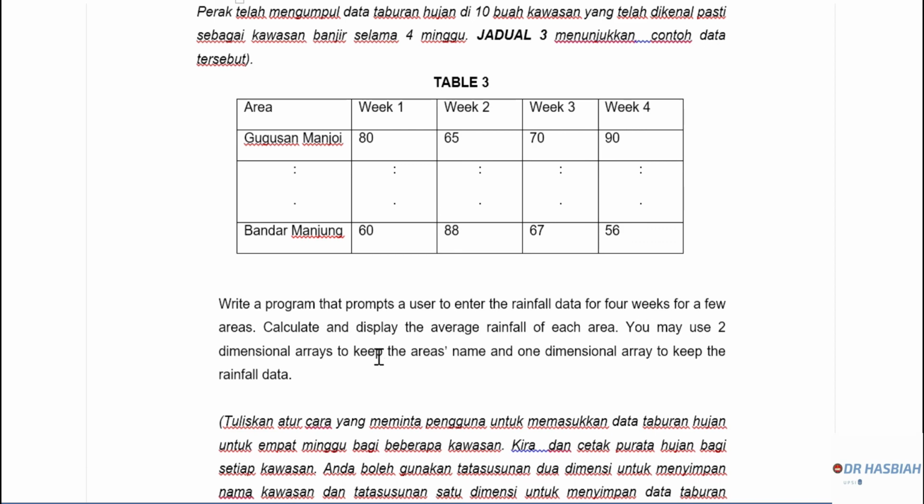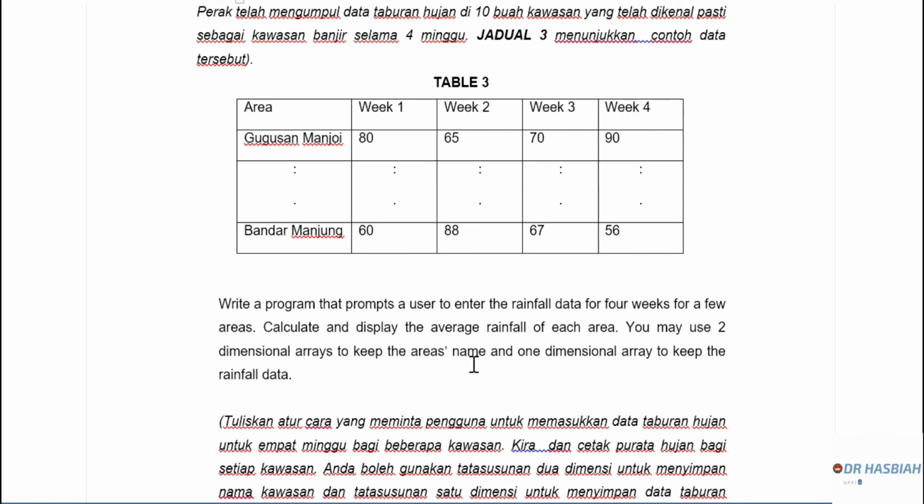You may use a two-dimensional array to keep the areas' names, and a one-dimensional array to keep the rainfall data. In this case, why do we use the two-dimensional array? Because the area name is char. If you still remember, if we declare the array name as char, we have a two-dimensional array.